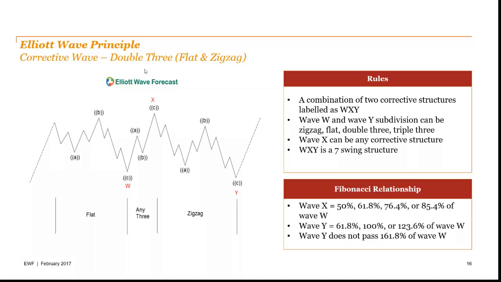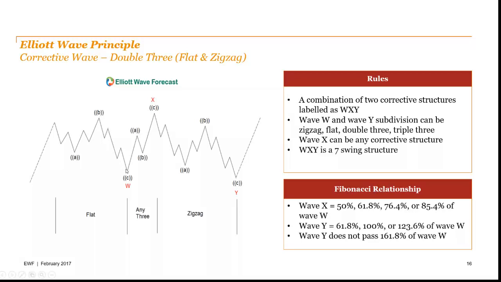So in this case, on the left side, you got a flat structure, right? This is A, B, C. Anybody remembers what kind of flat this is, out of regular, expanded, or running flat? If I label it like this, expanded, yes, is correct. So on the left side, you got an expanded flat.